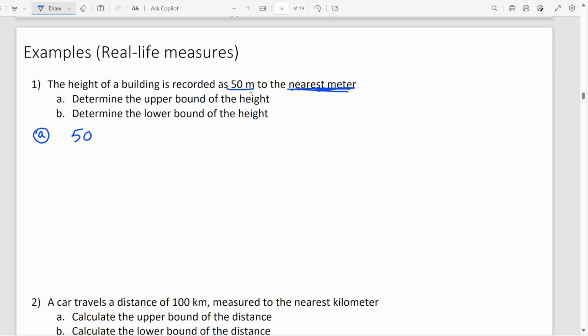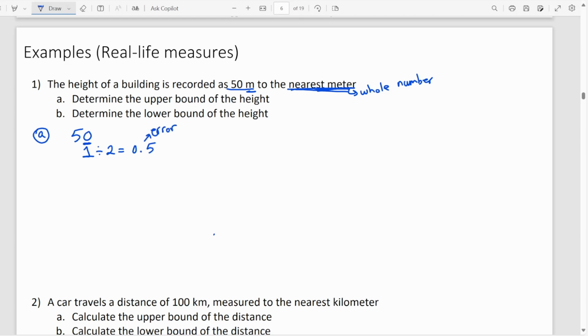We're measuring meters right here, so it's basically the nearest whole number. So when you have the exact same unit, you can just write 1, which is replacing the nearest whole number. So it's just 1, and we divide this by 2, and we get 0.5. And this is the error.